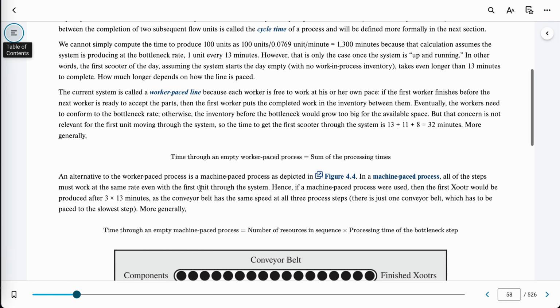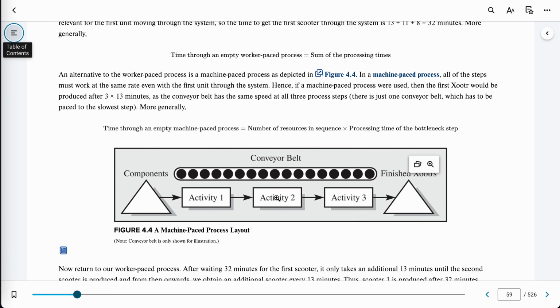Now, the alternative is something called a machine-paced process, where everything is done by a machine, and everything is done at a continuous rate. So this is what you see in, say, car assembly lines. So there is a conveyor belt which goes through this, and there is a machine which assembles, does activity 1, and then activity 2 and activity 3.